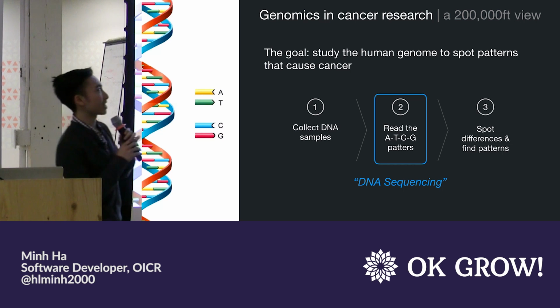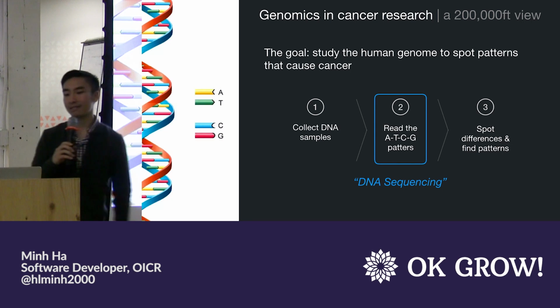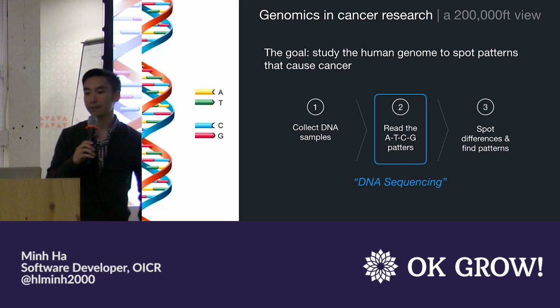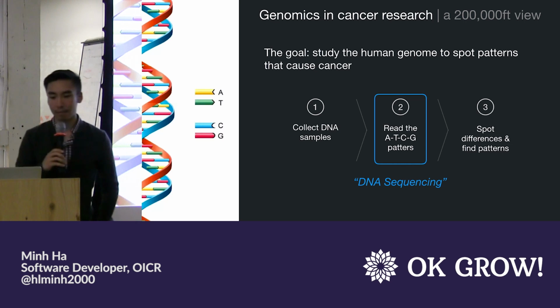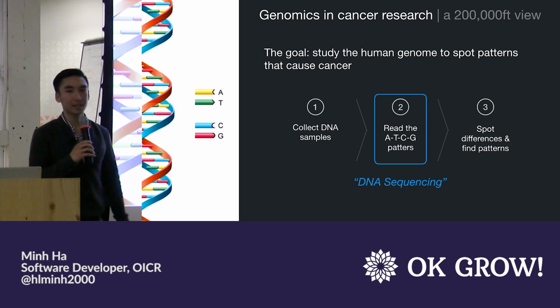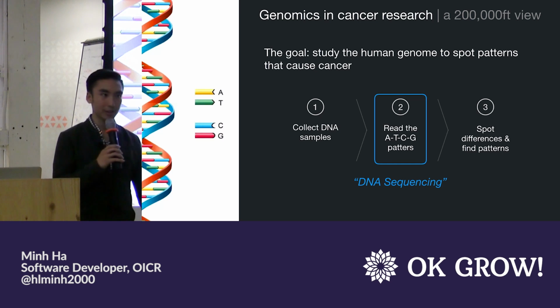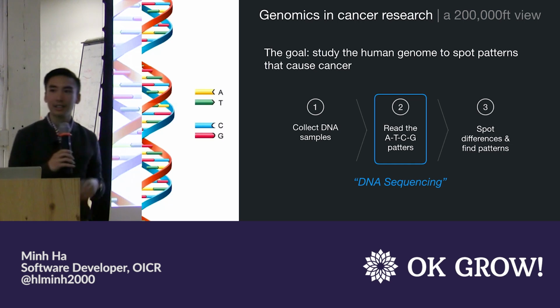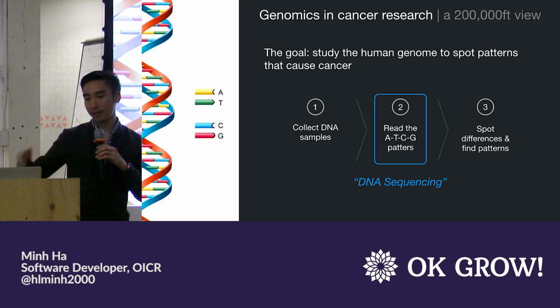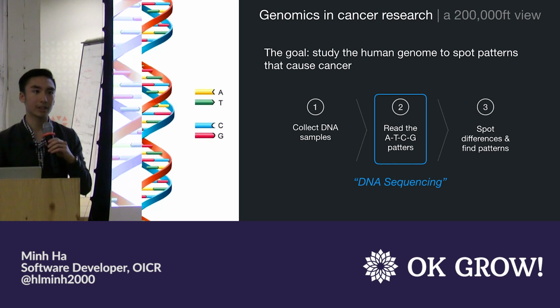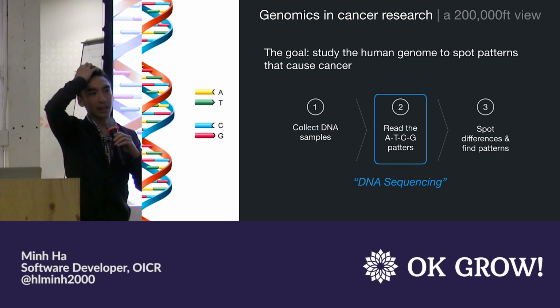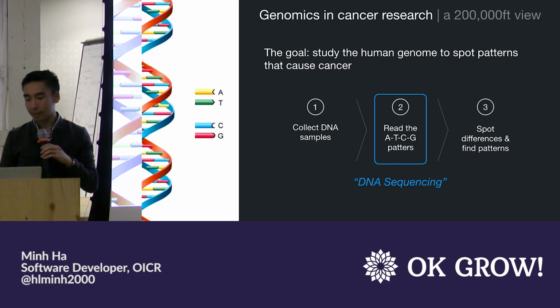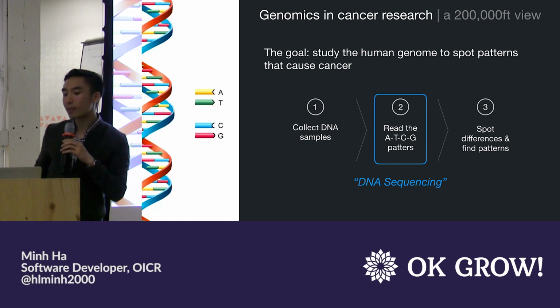Long story short, in cancer research, the goal of genomics is to study the human genome and spot patterns that cause cancer, essentially. As you might know, human DNA is made up of a sequence of A, T, C, and G. Different patterns of A, T, C, G create different cells and basically create the variation between different people.